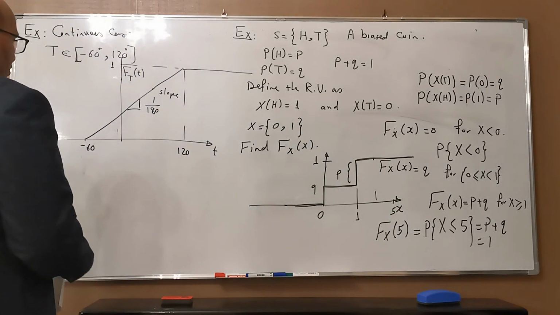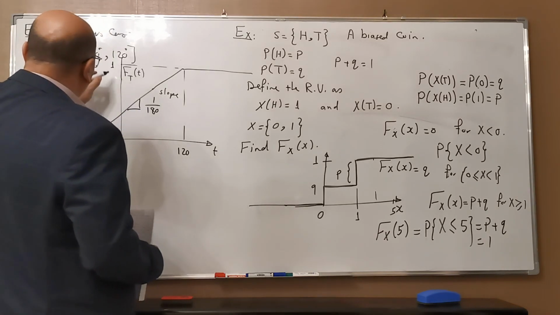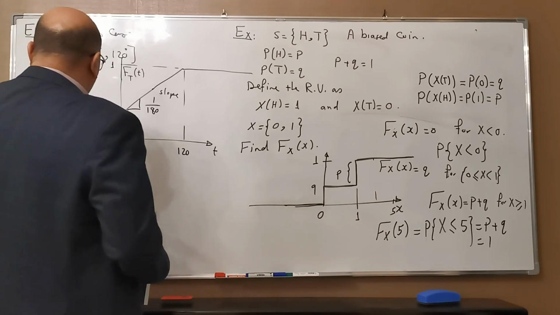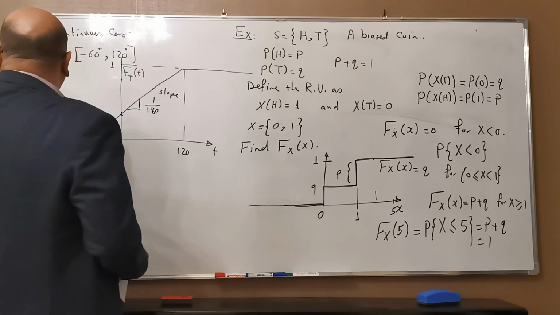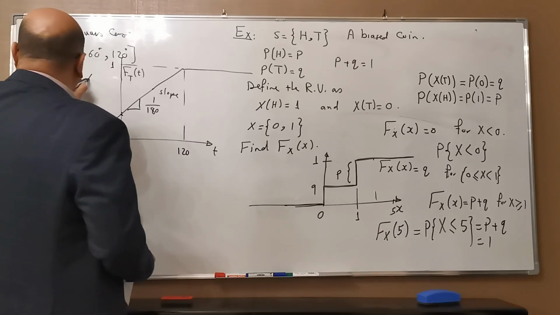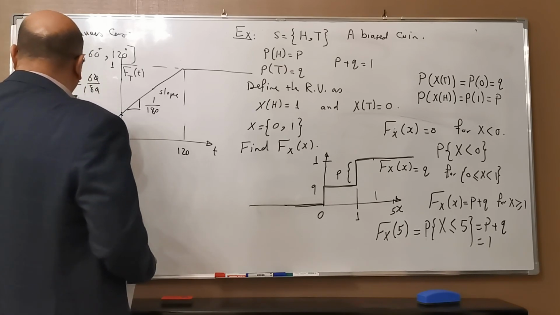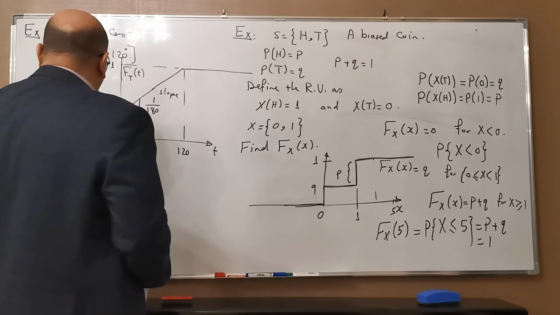Okay, so this is the slope of this curve. At 0, if you apply 0 in this curve, the accumulation will be 0 minus 60 divided by 180, which equals 60 over 180, so it's 1/3.